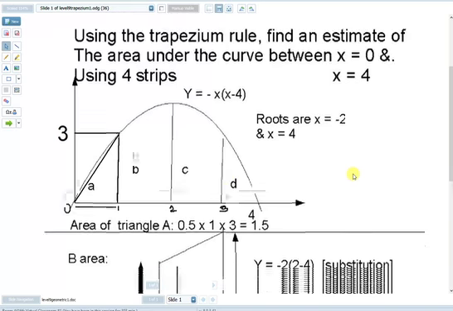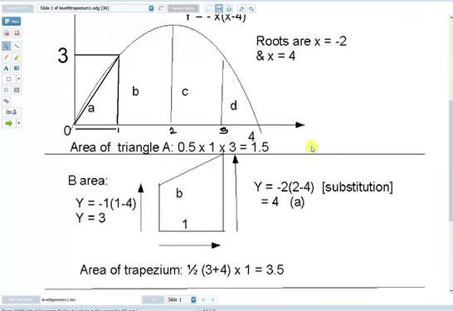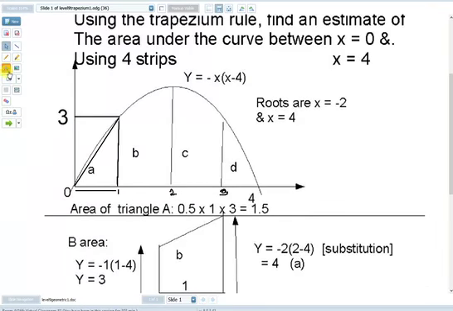Next we've got to move on to trapezium B. Trapezium B would be from this point here to this point here, and you can see that this is your top, this is your bottom, and the distance between the two is your height.